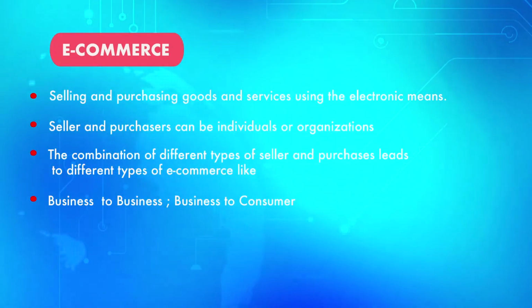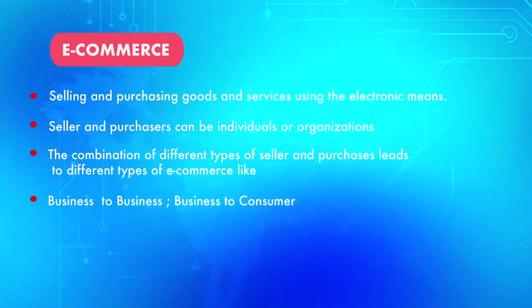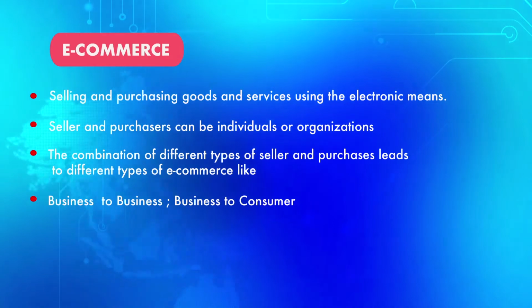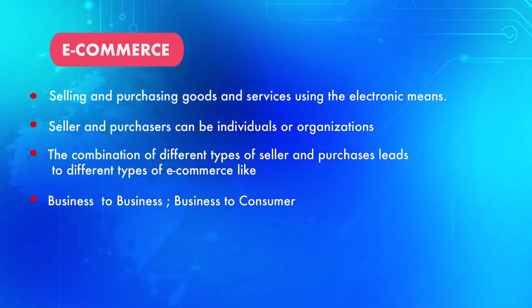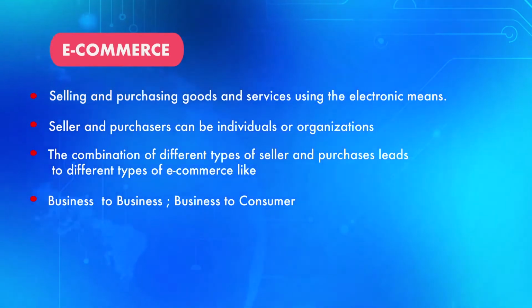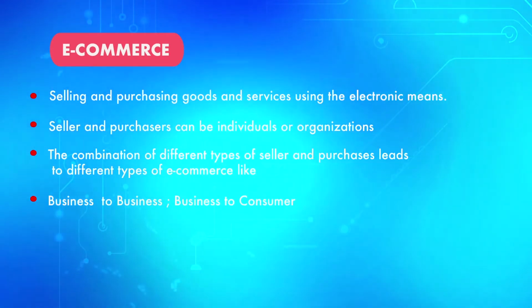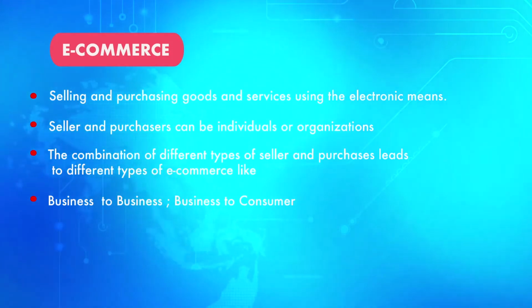Whereas B2C is business to consumer, and that is what we are normally more comfortable with when we go to most websites to buy stuff. Then there can be consumer to consumer also, where one consumer is selling his or her own product to another consumer. So there can be many different kinds of classification, and these classifications are on the basis of who is the seller and who is the buyer.